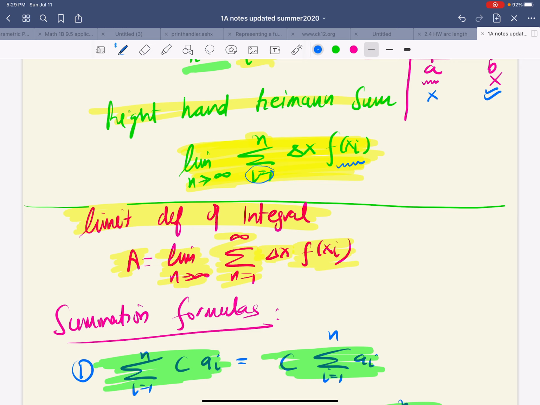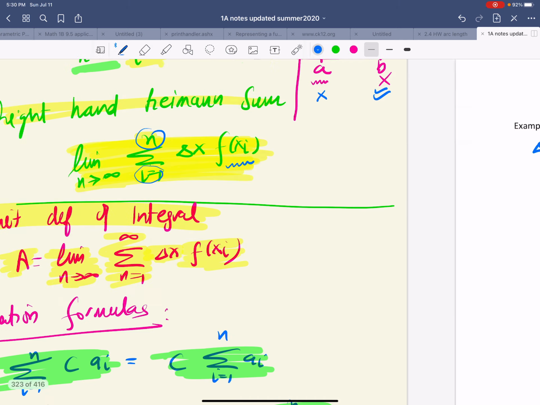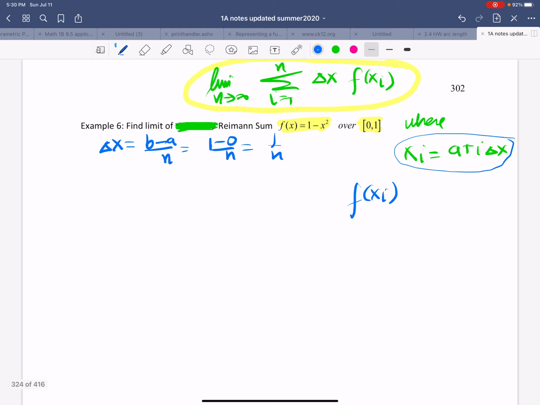i is equal to 1 to n. We're not going to be using the 0th height, but we're going to be using the first height, which is going to be a plus whatever the small increment we are looking at. So xi is equal to a plus i delta x, where delta x is 1 over n. We just found that. This is my a, this is my b, and a is 0.